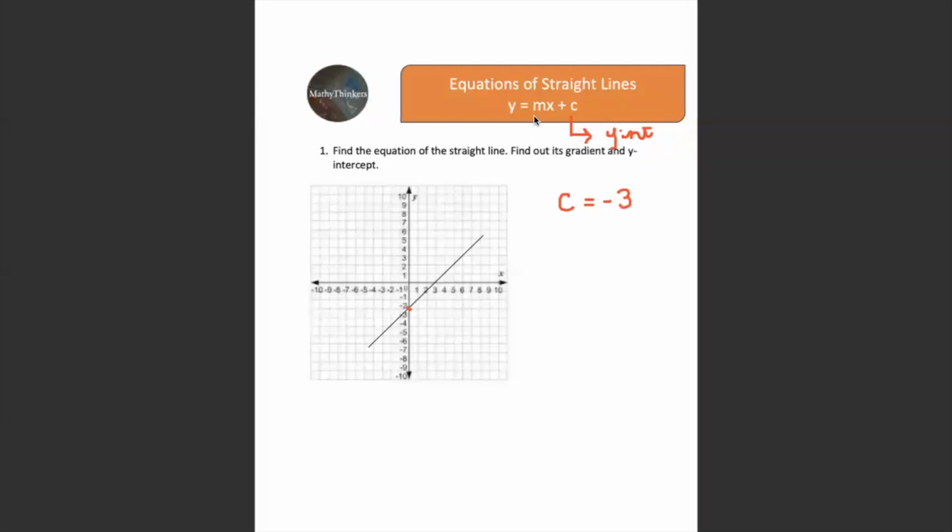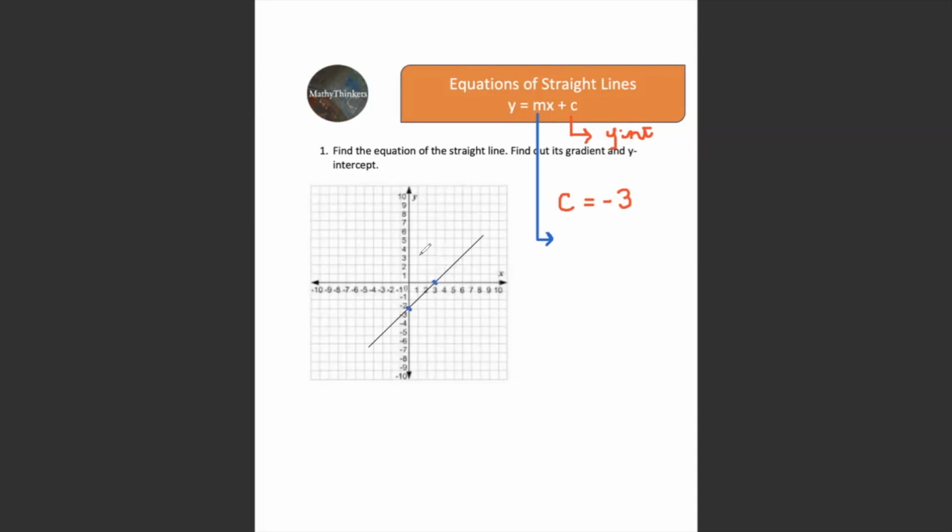Now we have to know how to calculate the gradient, the m. The m is the gradient, right? To calculate m, we have to take any 2 points on this straight line. So let's choose 2 points here. Let us take this one as the first point and that one as another point.